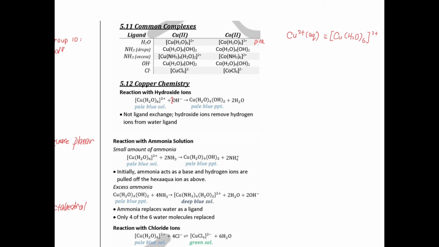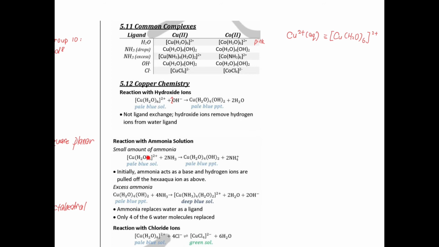Now let's move on. Reaction with ammonia solution. Small amount of ammonia. So you have copper 2 aqueous again. You add a little bit of ammonia, then they will form this again, Cu(H2O)4(OH)2. Same with this one. Again, this is pale blue precipitate. Something similar happened.